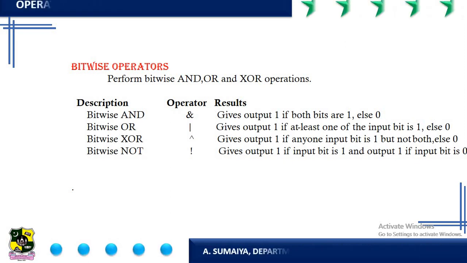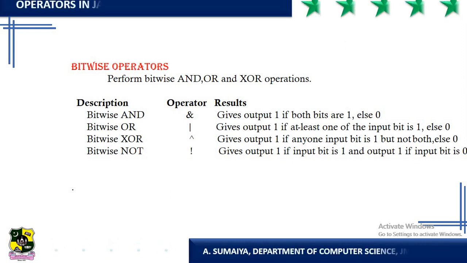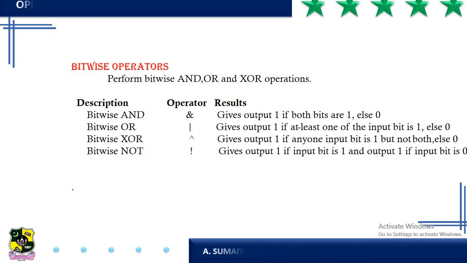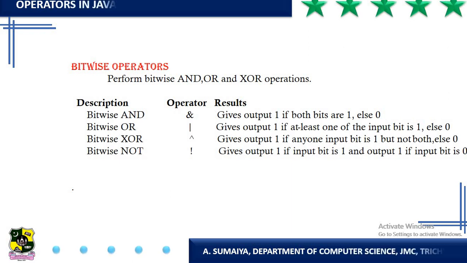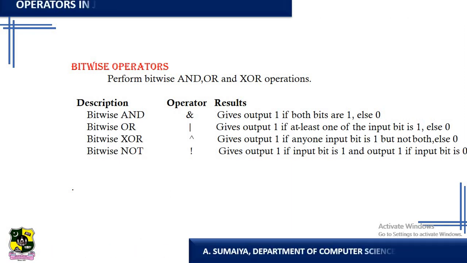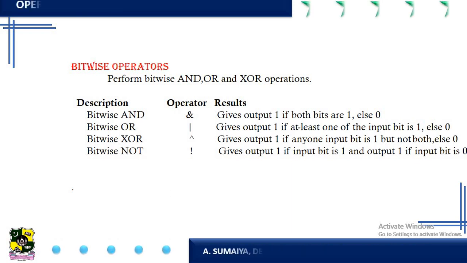Some Boolean bitwise operators are: Bitwise AND, the symbol is &, gives output 1 if both bits are 1. Both bits are true means the condition will be true, else 0. Second one is bitwise OR, using the OR operator, gives output 1 if at least one of the input bits is 1, else 0.